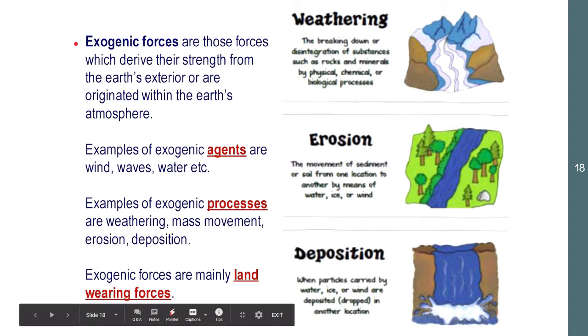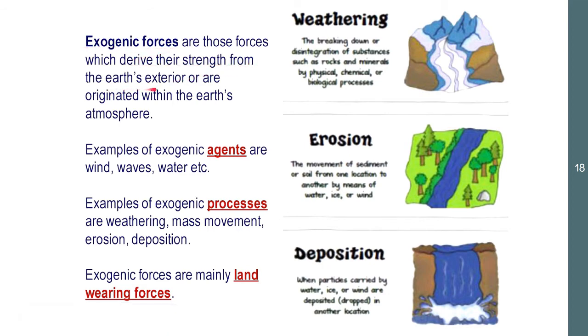So do not forget that exogenic forces derive their strength from the Earth's exterior. Usually that's the sun, because the sun is responsible for wind by heating up air, and for wave formation, and of course for the water cycle.